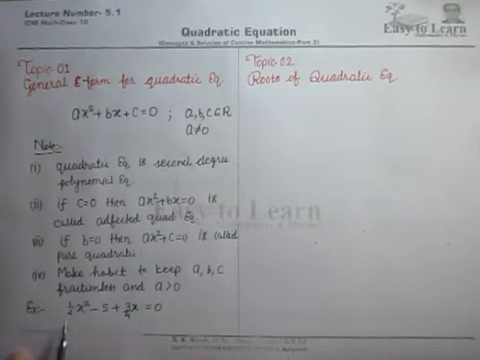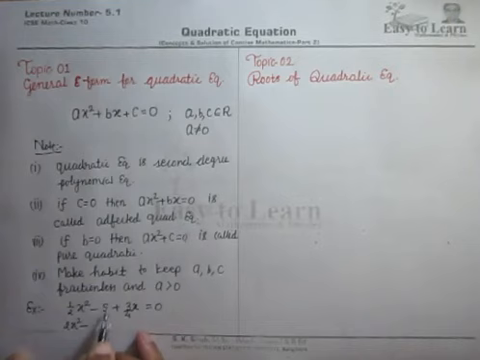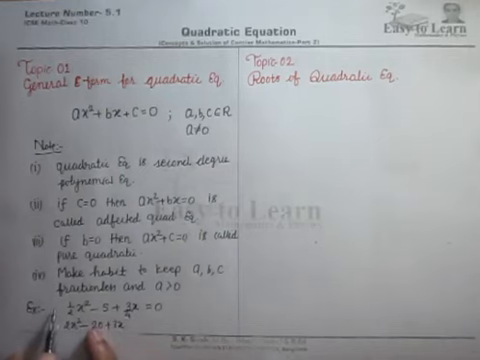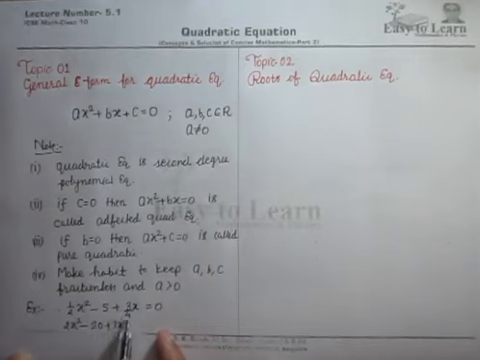For removing fractions, here the denominators are 2 and 4, so the LCM of 2 and 4 is 4. Multiply both sides by 4. After multiplying each term by 4, this will be 2x square, this will be 20 and this will be 3x. When this term is multiplied by 4, 4 into half is 2x square, 4 into 5 is 20, and 4 into 3 by 4, the 4s cancel, so 3x equal to 0.